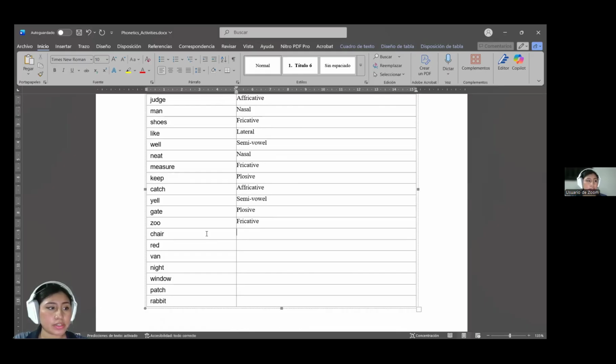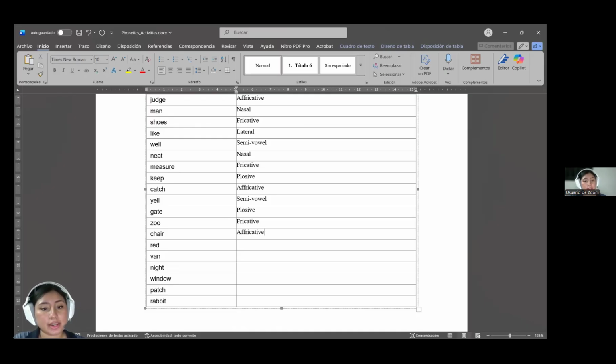It can seem like it is fricative, but at the beginning it has a plosive sound, so it's an affricative.